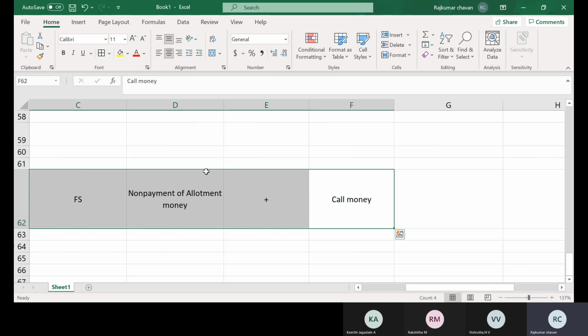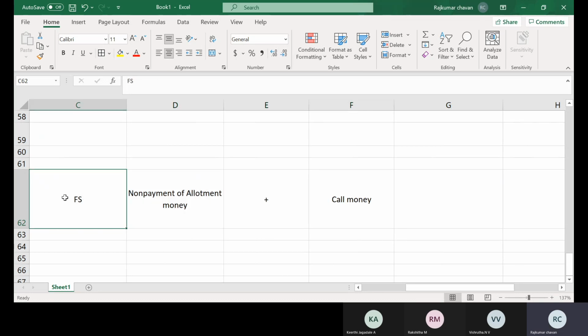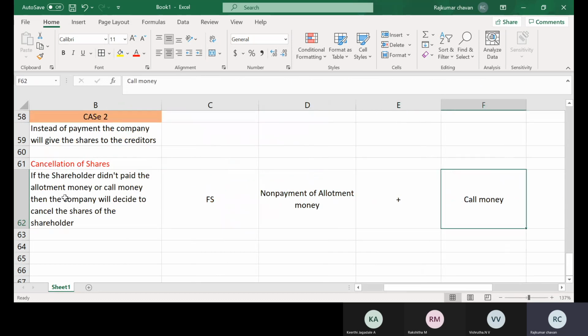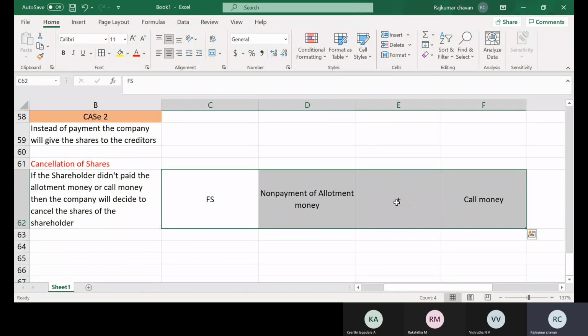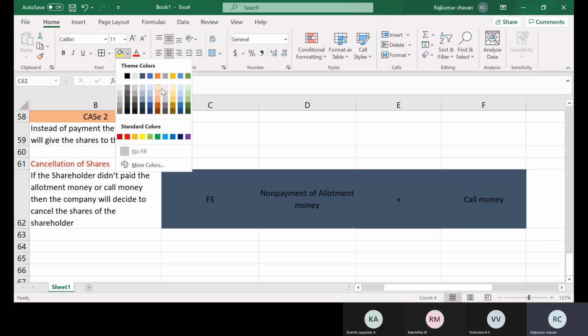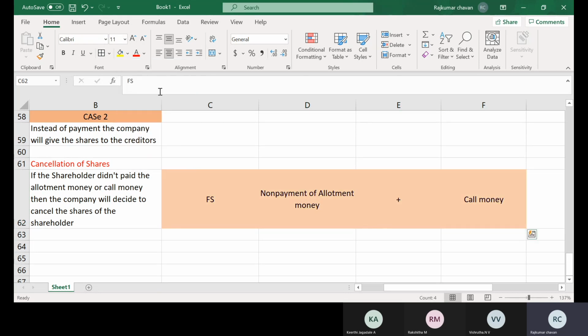Is it making sense? What is the formula for forfeiture of shares? Non-payment of which money? Allotment money plus call money. Then the company will decide to cancel the shares. That is nothing but forfeiture of shares.